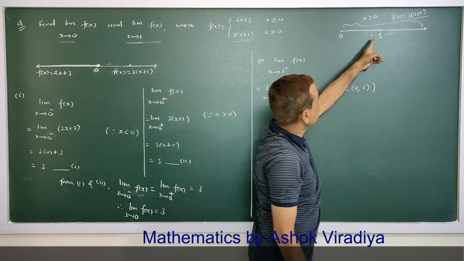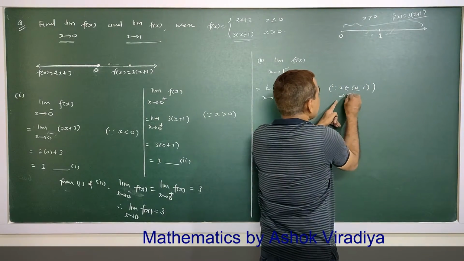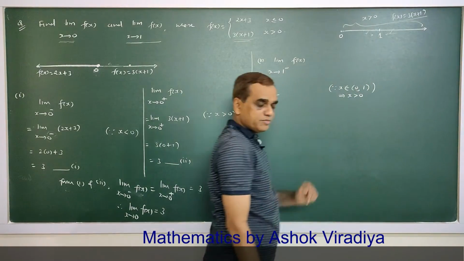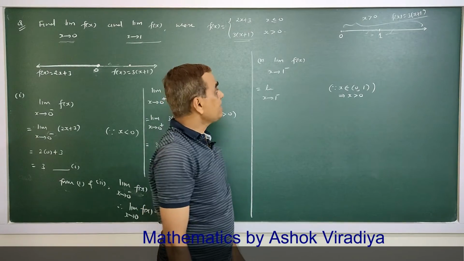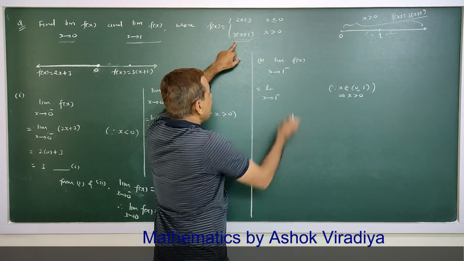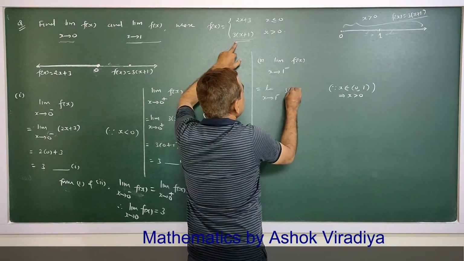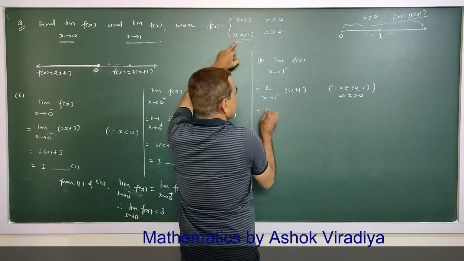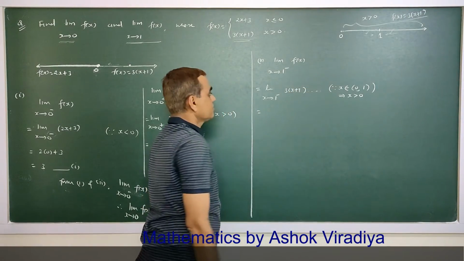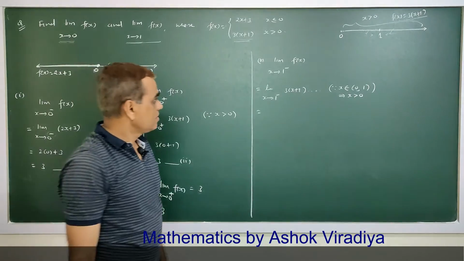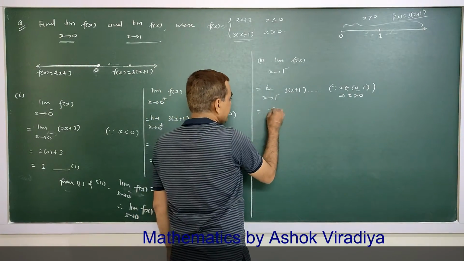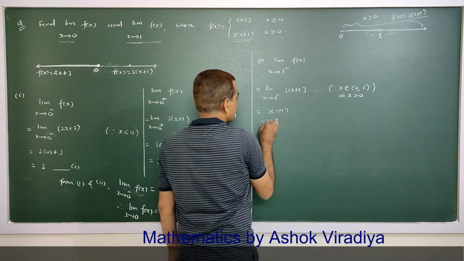And if x belongs to 0 to 1, that means x is obviously positive. And if x is positive, the formula for f(x) is 3 into x plus 1. So putting here 1, 3 into 1 plus 1, that is 6.